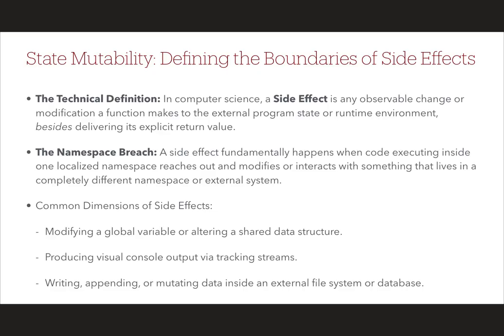So that kind of change, the modification of the value of a global variable within a local function, is a side effect. A side effect is any observable change or modification a function makes to the external program state or runtime environment, like global variables.